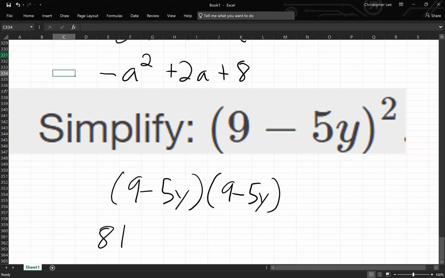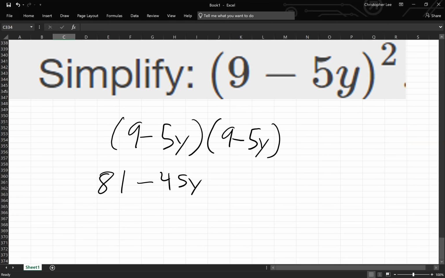So 81. That's 45y. Very good. What's next? 45y. Good. Plus 25y squared. Very good. It's 45. You're right. My fault.